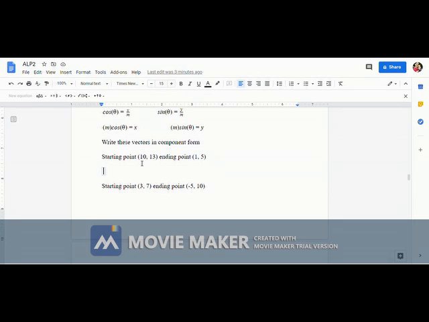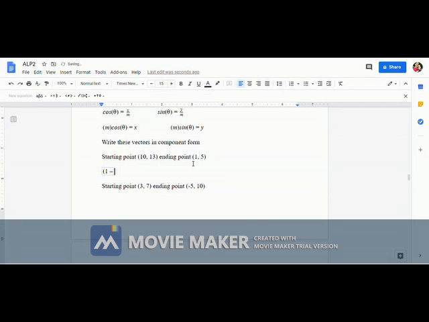So it has a starting point at 10, 13, and it's a line that travels down, kind of going in this direction to 1, 5. So to get the component form, we simply subtract the starting point from the ending point for each of the x and the y coordinates.